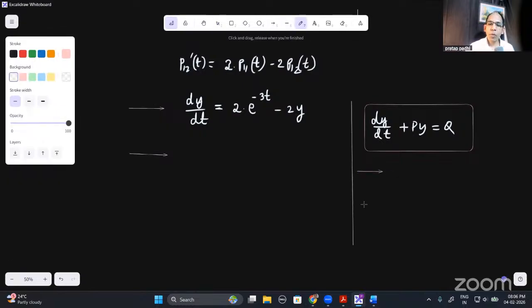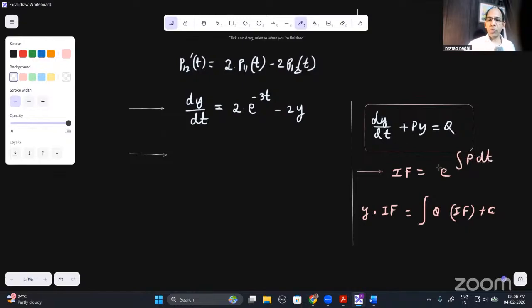Now the solution will be, y multiplied by IF, that is called the integrating factor, equal to q times the integrating factor plus a constant. This is the formula, so we can use it. What is IF? IF is equal to e power integral of p dt here. Because t is the time here we used. Let me find IF here.